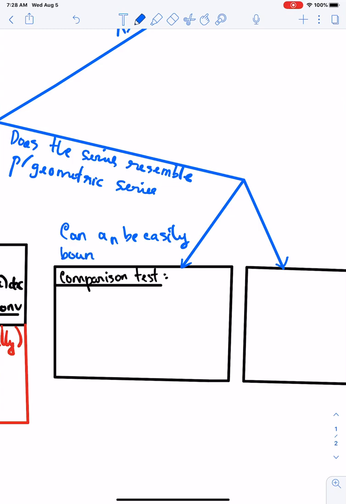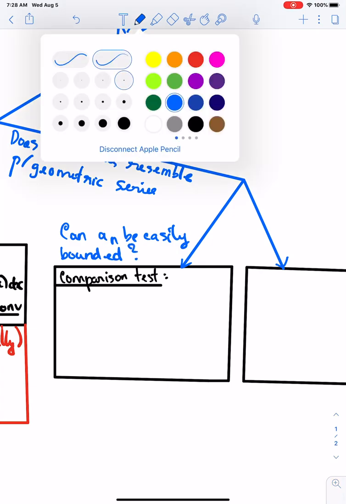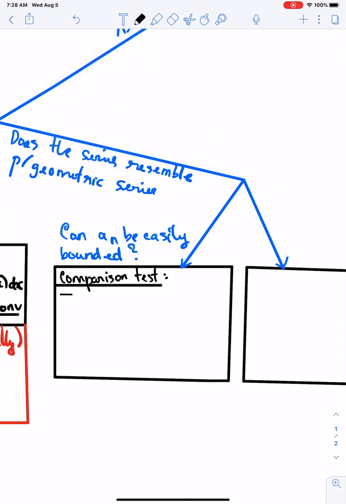If yes, then we want to do the standard comparison test. So we have the infinite sum from n equals 1 to infinity of b sub n.